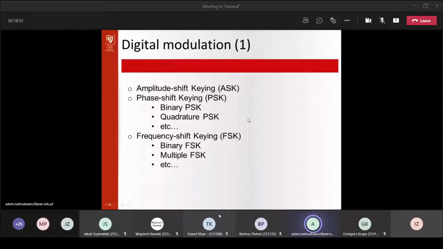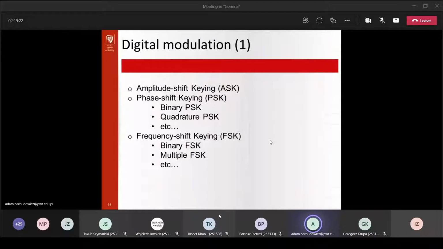Going back to the slides, those are just the names of different digital modulation techniques: amplitude shift keying, phase shift keying, when you just change the phase of the sine function, and frequency shift keying. Unlike with analog modulation, when you need to accommodate a continuous change, with digital modulation you can have multiple levels.